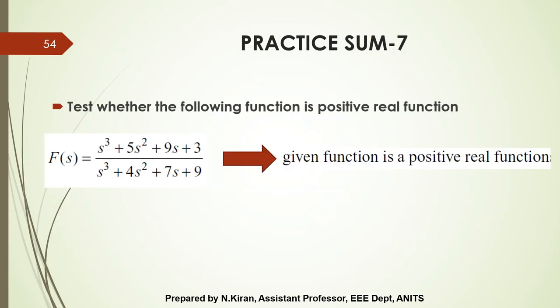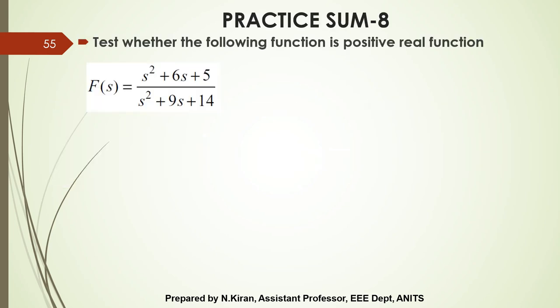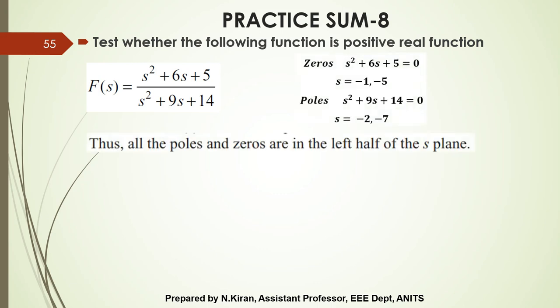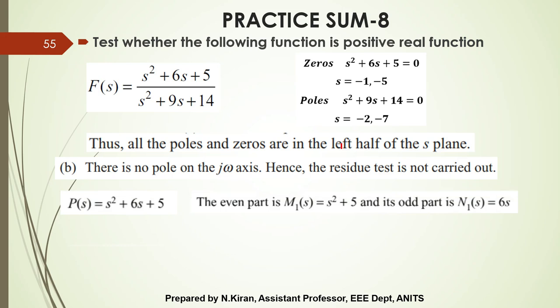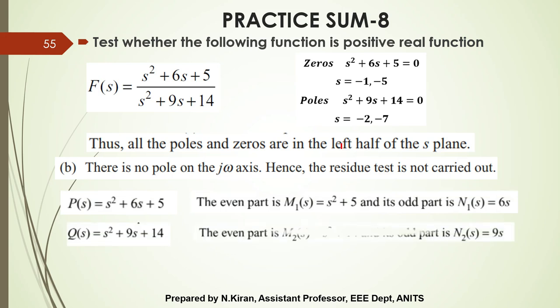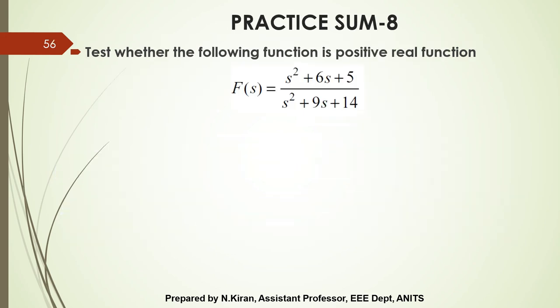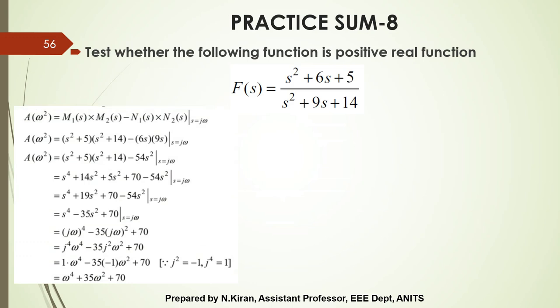So this you can try on your own and check whether it is positive real. And the procedure is again once the same. The poles and zeros are on the left half of the s-plane. There is no residue test needed for this. And the third condition, finding m1 m2 minus n1 n2 and substituting s equal to j omega.